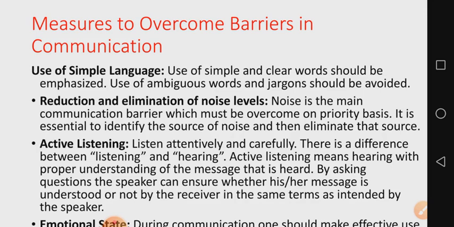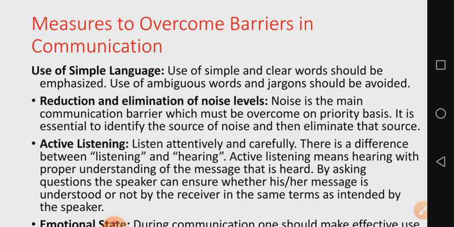Now in this topic we will discuss all those methods or measures that we can opt for to overcome those barriers in communication.